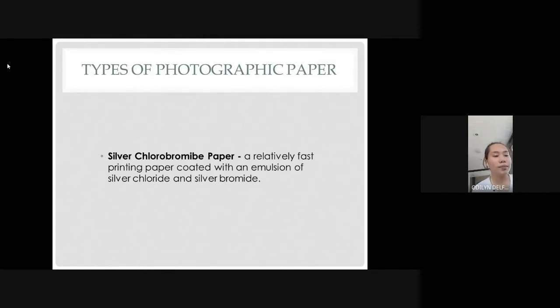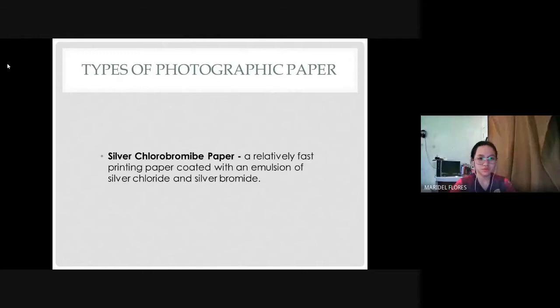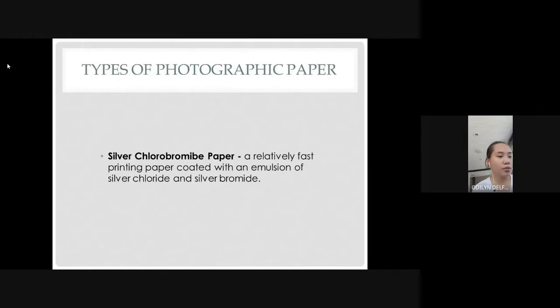First up is silver chlorobromide paper, a relatively fast printing paper coated with an emulsion of silver chloride and silver bromide. So it is a combination: silver chlorobromide is a combination of silver chloride and silver bromide.